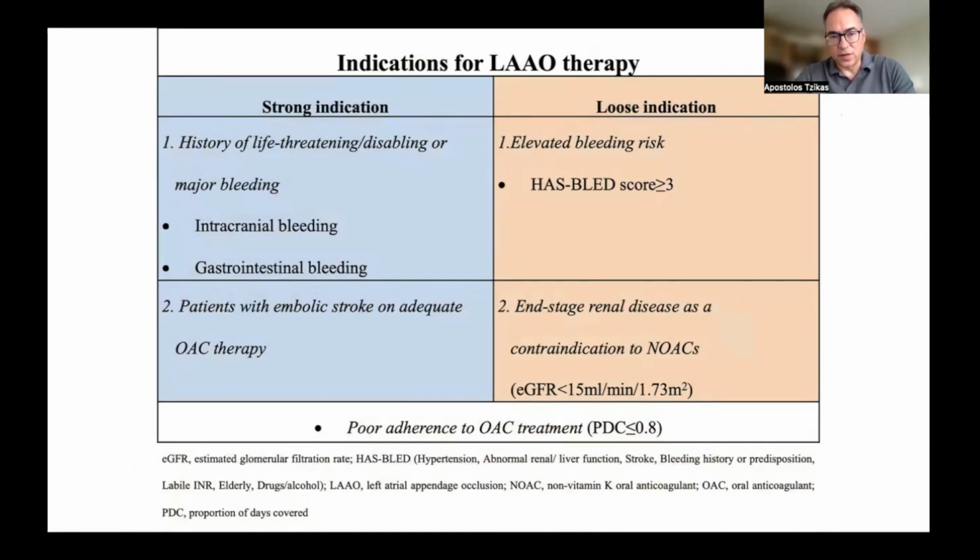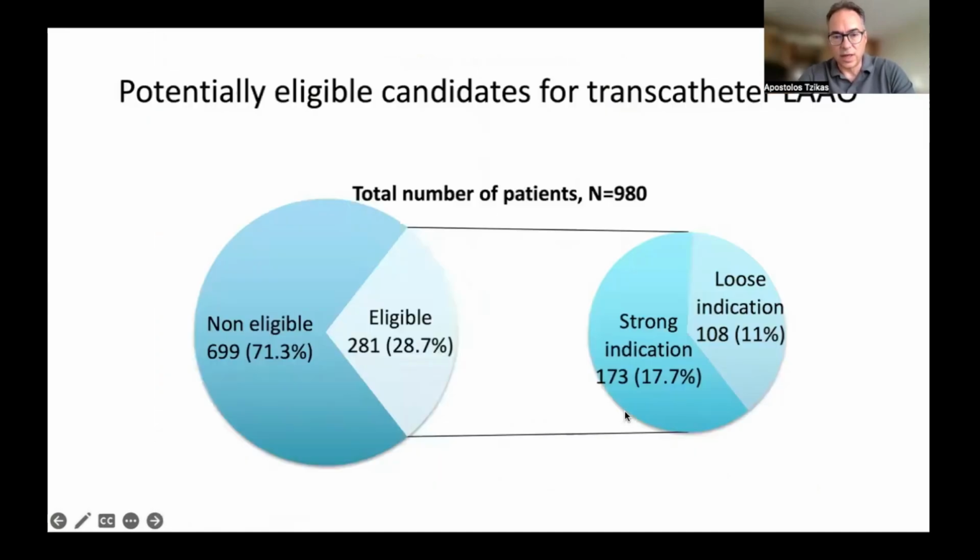Now, the main indications for LA closure in this sub-study that we did from MISO-AF were intracranial bleeding or gastrointestinal bleeding, and patients who had an embolic stroke while on adequate anticoagulation; these were considered strong indications. And we had loose indications, such as end-stage renal disease or just a HAS-BLED score, and we didn't even put adherence in the equation.